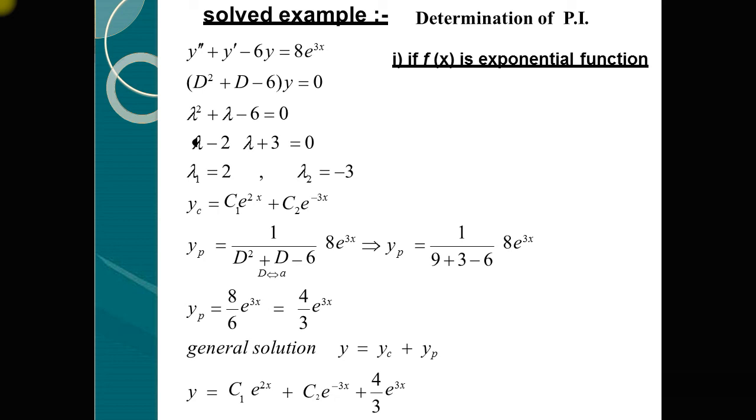And when the roots are complex and repeated, suppose m1 is equal to alpha1 plus minus iota beta1, and another complex root m2 is alpha2 plus minus iota beta2, then the complementary solution will be e power alpha x into (c1 plus c2x) cos beta x plus (c3 plus c4x) sin beta x.